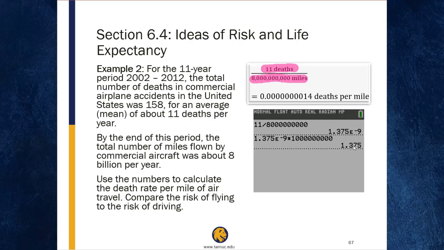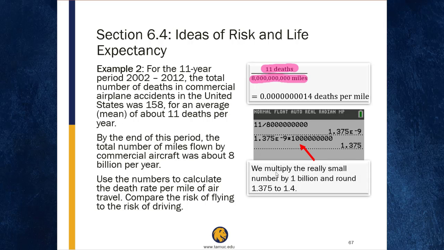So we multiplied this really small number by 1 billion and then rounded to 1.4. What that means is 1.4 deaths per 1 billion miles. Whatever number I'm multiplying by, in this case a billion, tells me the death rate per that 1 billion miles.